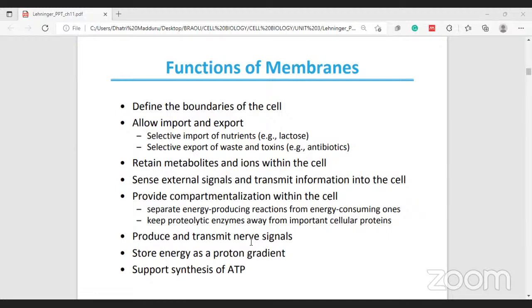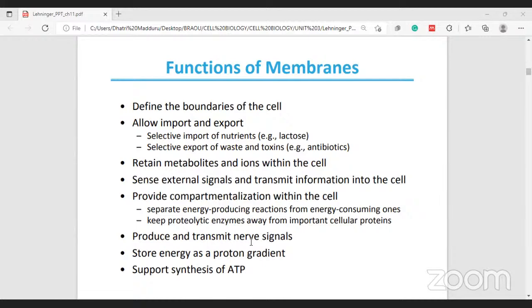At the same time, the waste or toxins, some bacteria secrete toxins like enterotoxins, mycotoxins, and some secrete antibiotics to kill other bacteria. So such products which are secreted by the bacteria again have to go out. And this is in a selective way: not everything comes inside and not everything goes outside.